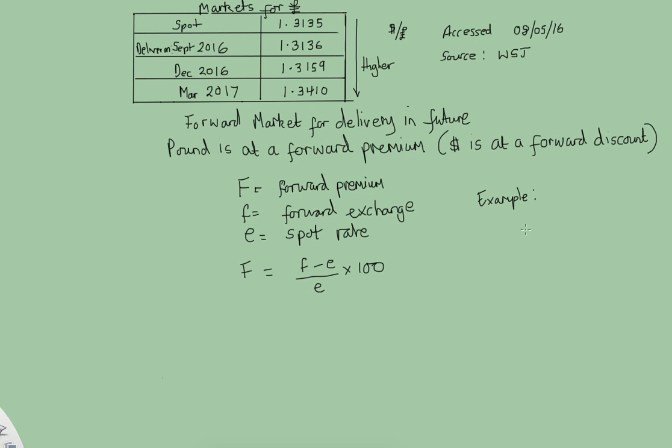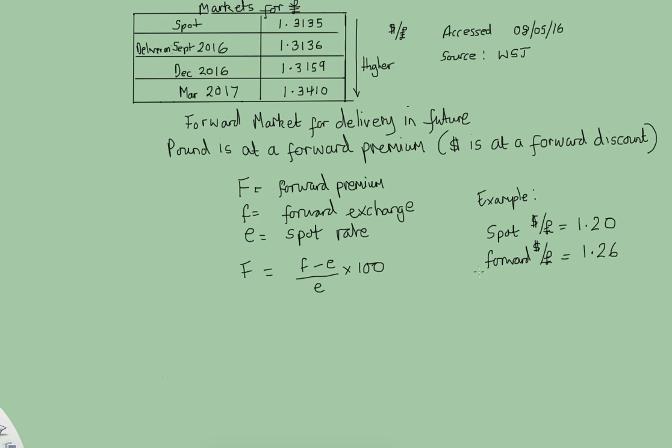So as an example, let's use simple numbers. Suppose that we've got two of these exchange rates. We have a spot market where the dollar price of the pound is 1.20, and then we have a forward market, maybe it's a 90-day forward, and the dollar price of the pound in that market is 1.26.